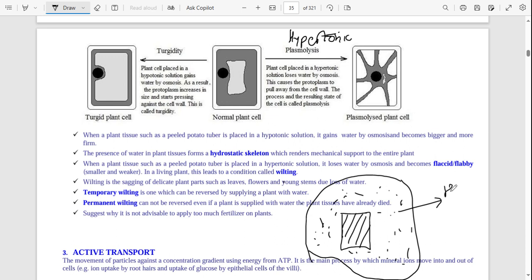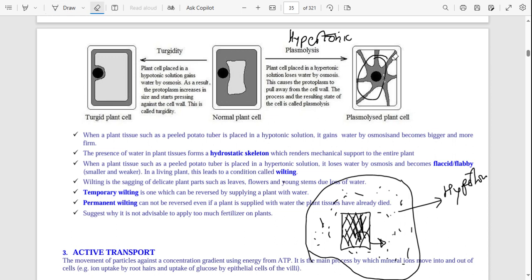If this solution is hypertonic, it means that this solution has got less water and a lot of salt, meaning that the cell is going to be hypotonic. It's going to have a lot of water. What happens is that the water will start to move out of the cell to go into the solution. And so the cell will become small.